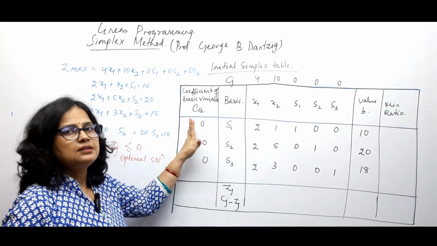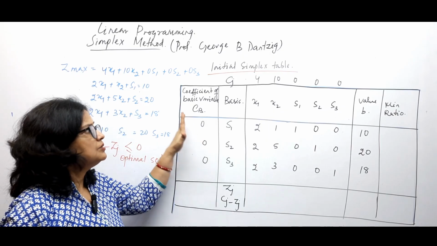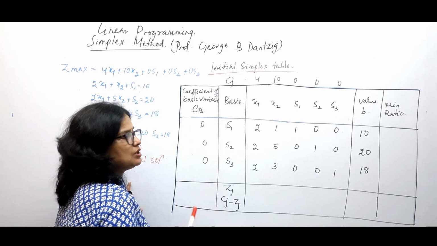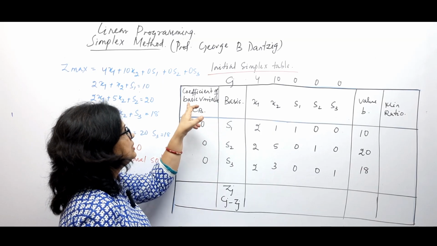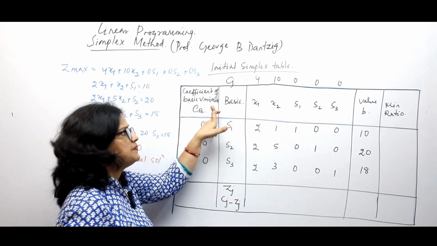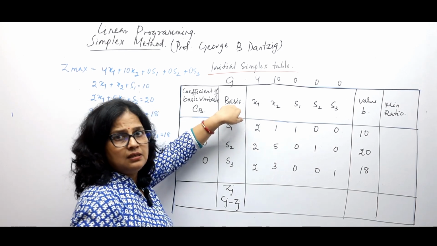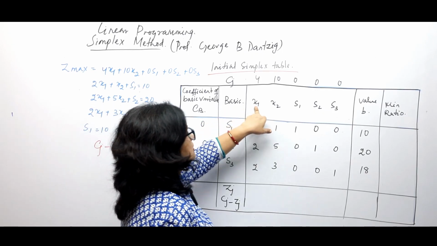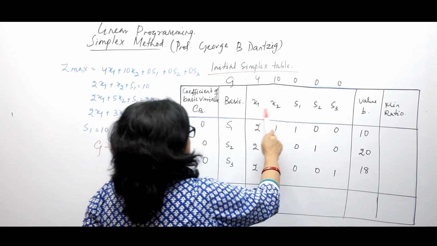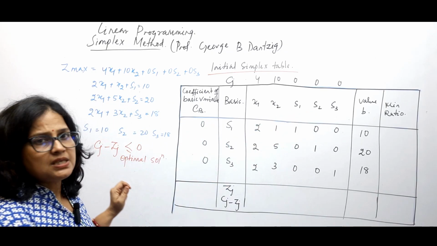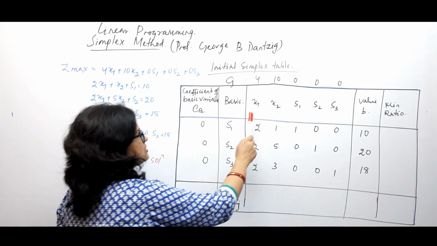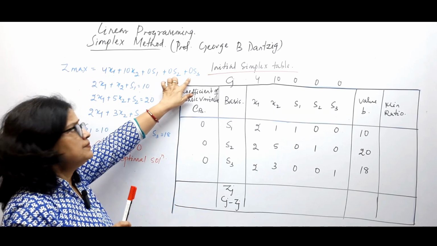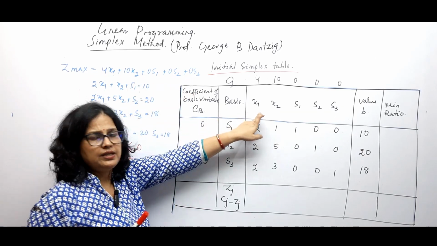So I have done the initial simplex table here. In the first column, we need to write the coefficients of the basic variables, that is CB. Then our basis, the new variables we have introduced, that is the slack variables. And these are the variables of the objective function: x1, x2, s1, s2, s3, all the variables.